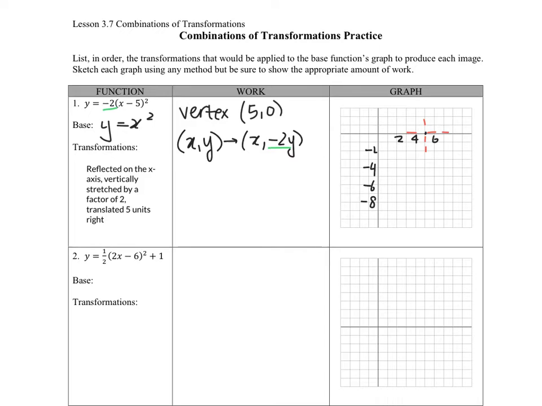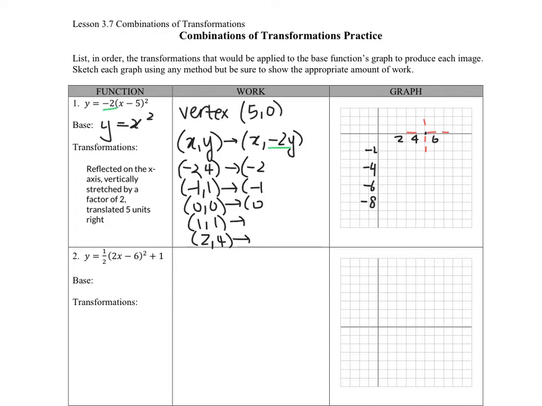So that means our points that used to be negative 2, 4, negative 1, 1, 0, 0, 1, 1, and 2, 4. The x coordinates will stay where they are, no changes. But all of the y coordinates are going to be multiplied by negative 2.